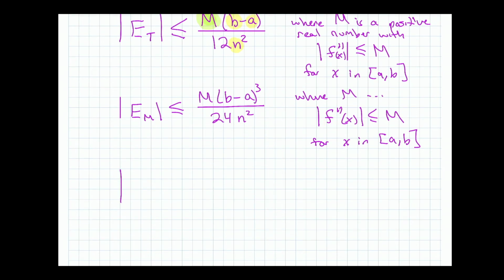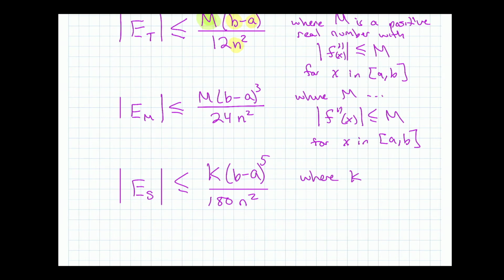Last one, and I'm going to make that vertical. So the error for Simpson's rule, it's the same exact kind of idea. I'm going to use a K, but not quite the same, because the numbers are all different. And this is where K is a number.